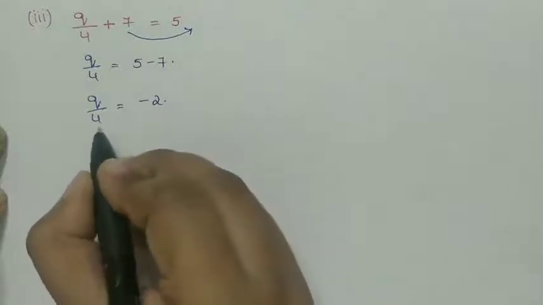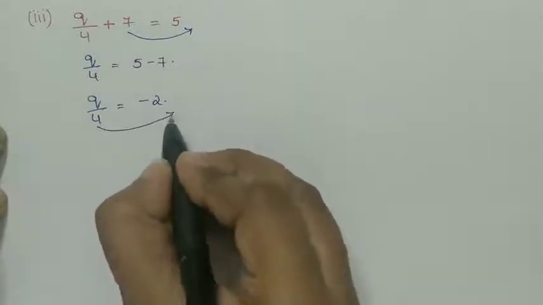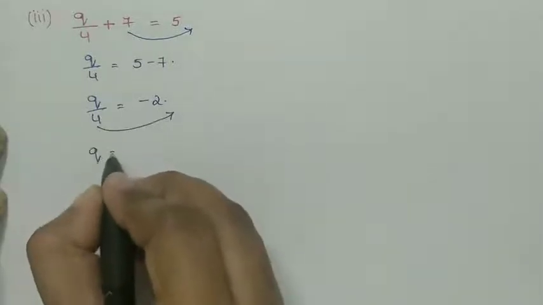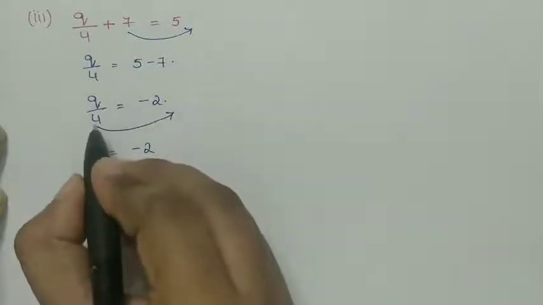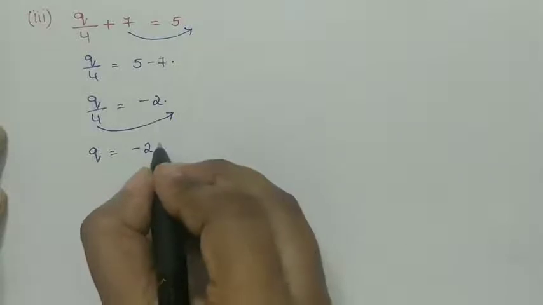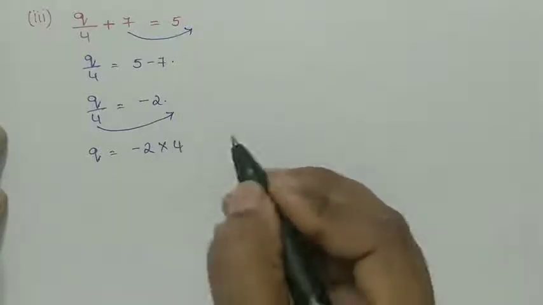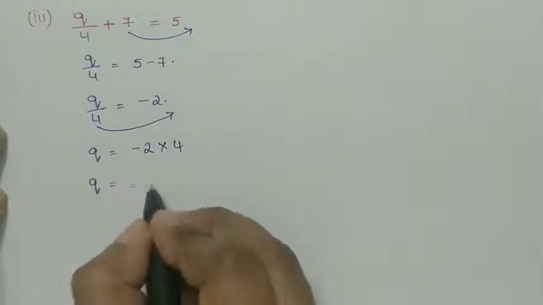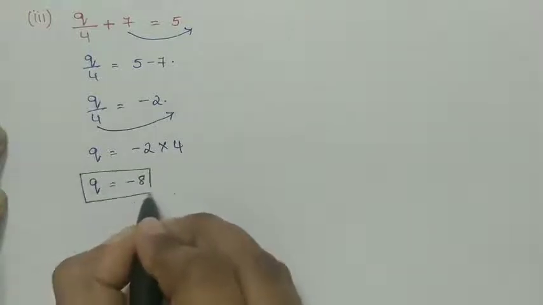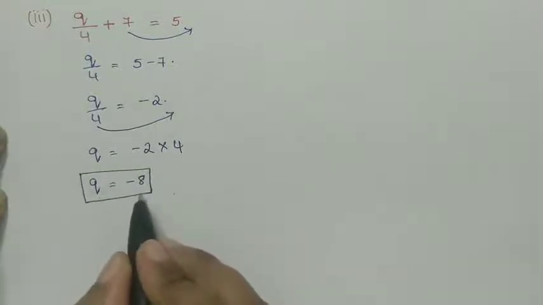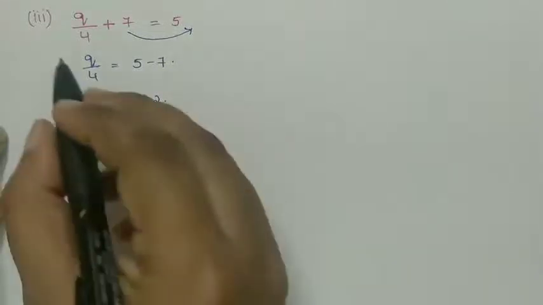Now transpose 4 to RHS. q is equal to minus 2 times 4, since 4 is dividing here, so it becomes multiplication. Therefore, q equal to minus 8. q equal to minus 8 is the solution for the given equation.